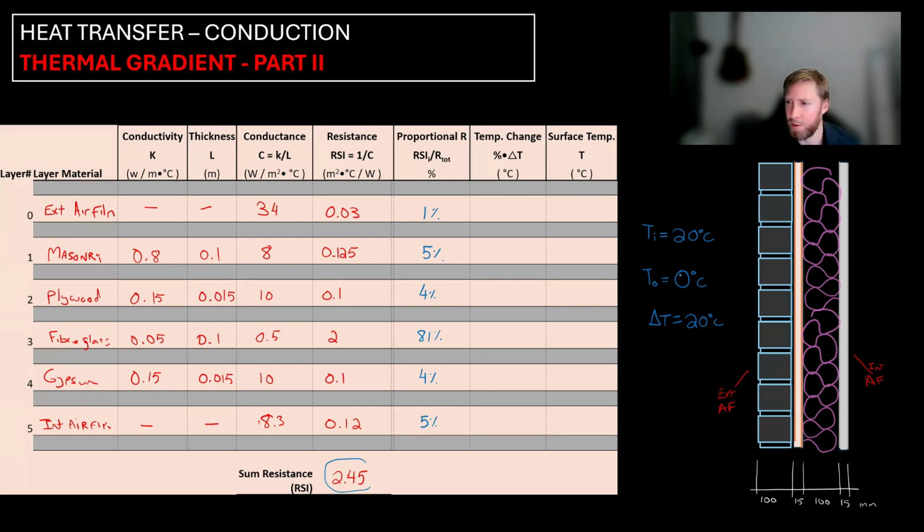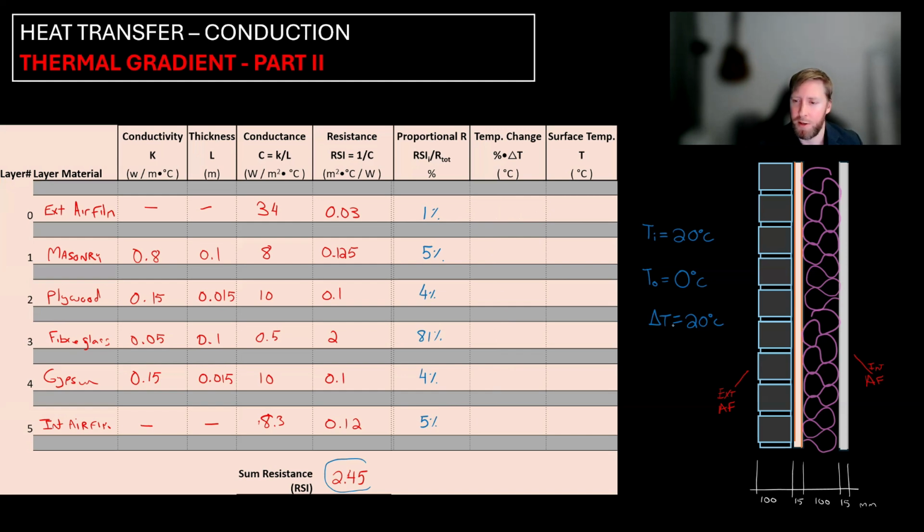That's the difference between the interior and the exterior temperature. Okay, so if we multiply the percent by the temperature, so 1% multiplied by 20 degrees Celsius, we're actually going to determine the increment of change through each layer.